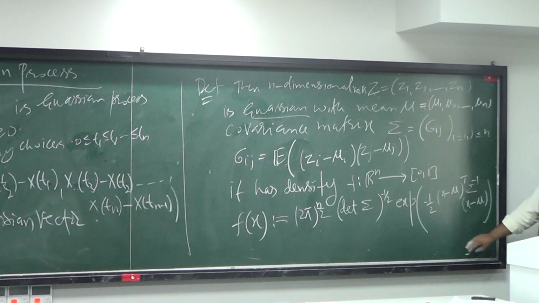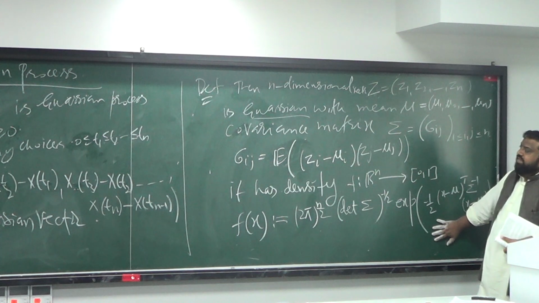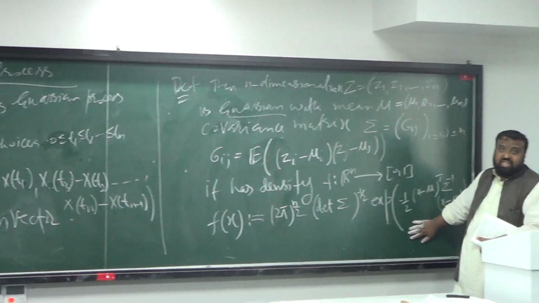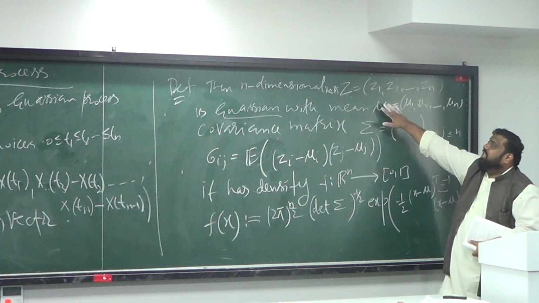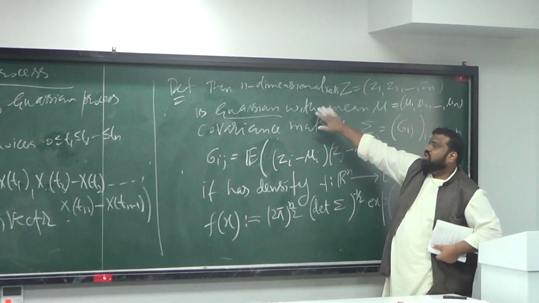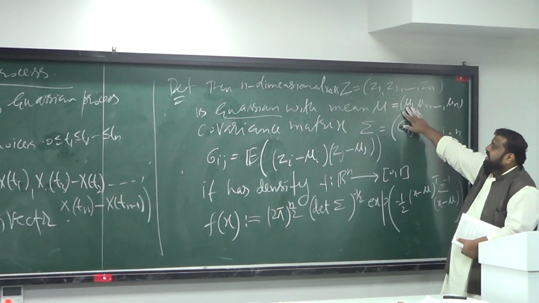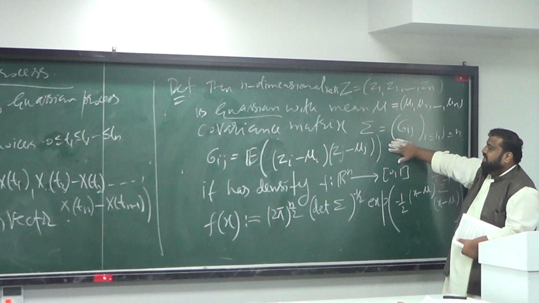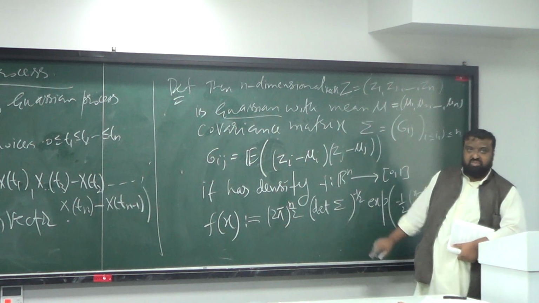Okay. You can also treat this as a definition of a random variable that follows the n-dimensional normal distribution. So I say that Z follows an n-dimensional normal distribution, or it's Gaussian, if its mean is this and covariance is this, and the probabilities can be computed through this PDF.